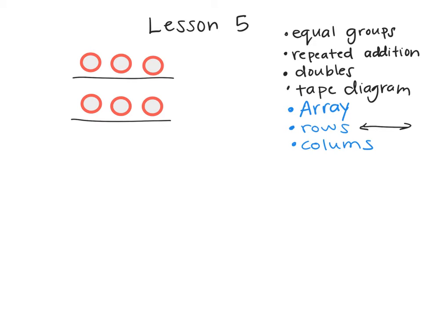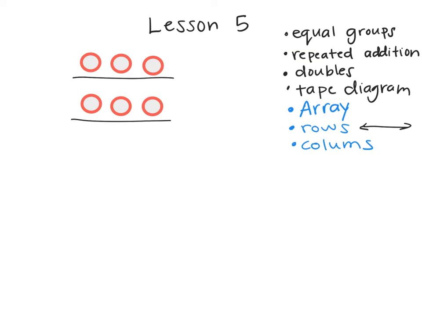So what we created here is called an array, because we can see that they're in a rectangle now, and they have equal numbers in each row. It almost looks like how we would make a 10 frame, but instead we only have 3 in each row. So how many rows do we have? We have 2 rows. We have 1, 2.